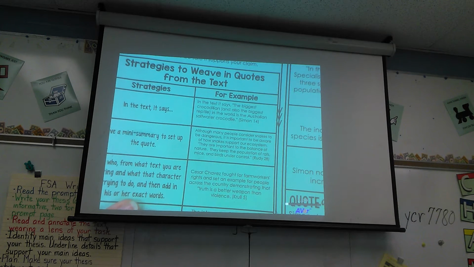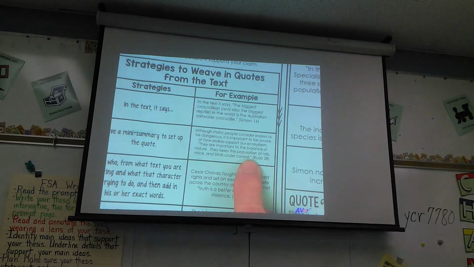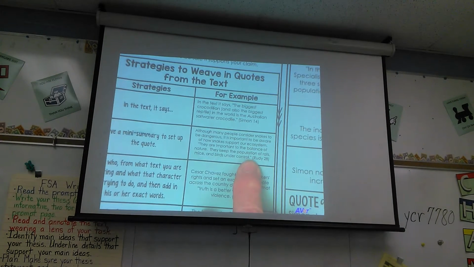They are important to the balance of nature. This is the quote. They are important to the balance of nature. They keep the population of rats, mice, and birds under control. So they began with a summary to introduce the quote, a mini summary, because you don't want to be quoting 3 sentences.